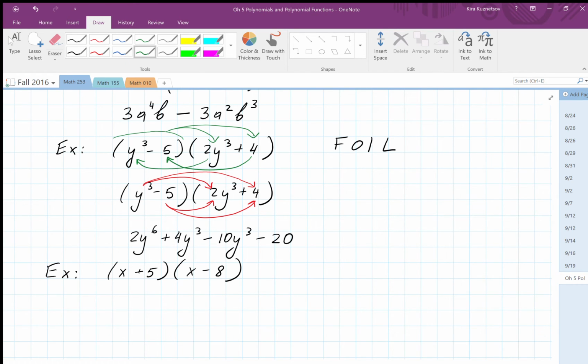So let's do it this way first. So you need to be very comfortable with the foiling method in order for us to start talking about factoring.